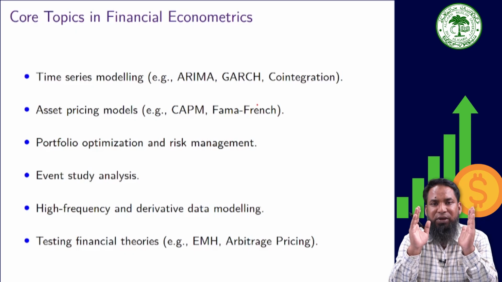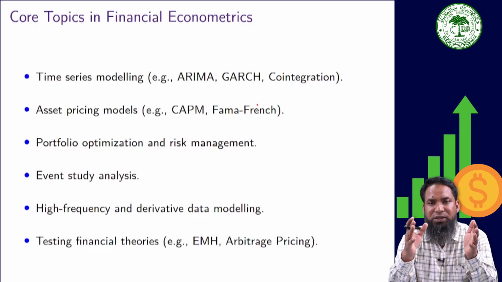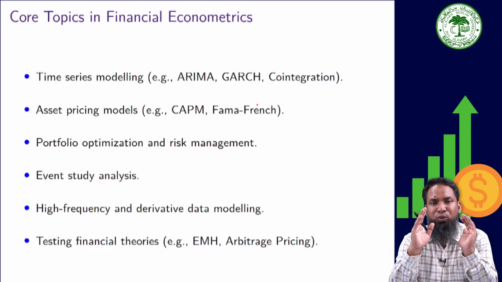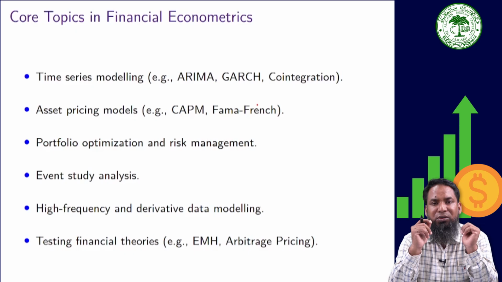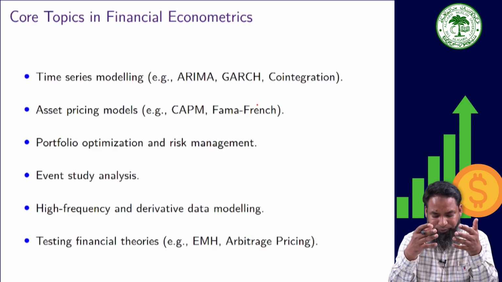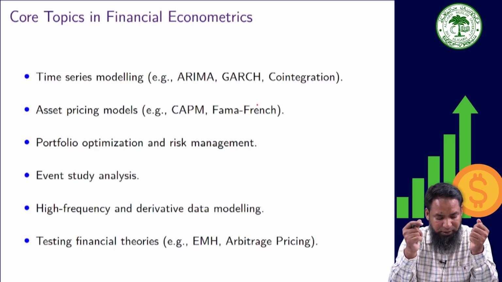How to select the different assets? How to track the risk of those assets? And how to assess the relationship between risk and return? So those are the key aspects we have in financial econometrics. Then how we realize and manage those risks, that is part of that.